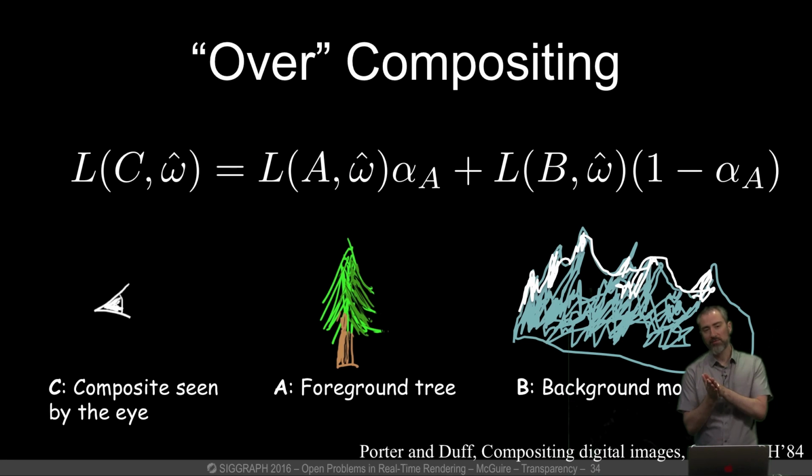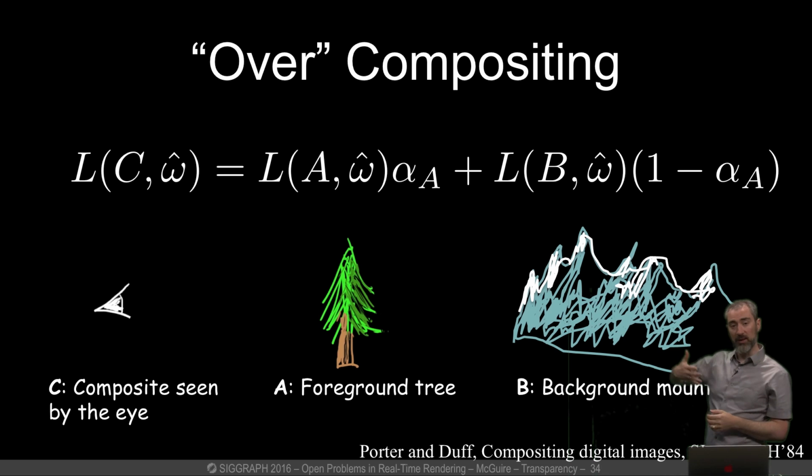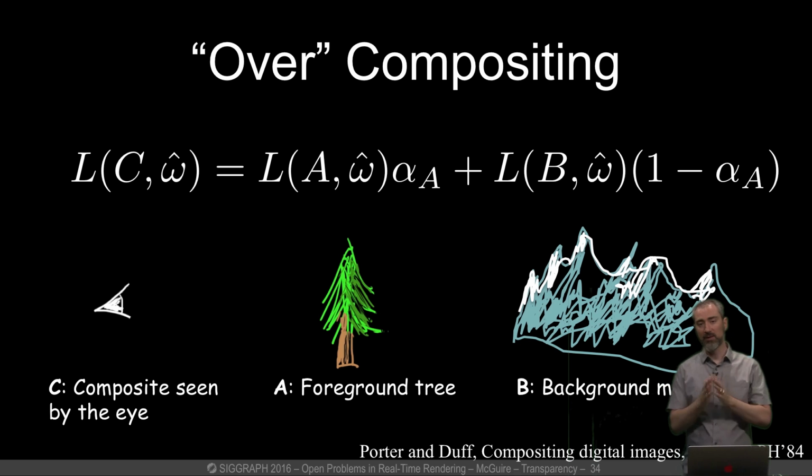So what Porter and Duff told us is the primary compositing operation. Say I have a situation where I'm looking from my eye on the left, in the foreground there's a tree, and trees have leaves, so some of the light comes through and some doesn't. We're ignoring the transmission through the leaves themselves. So there are little holes, some of the light comes through, there's partial coverage by the tree, we'll call that alpha sub A, and in the background there's this opaque mountain.